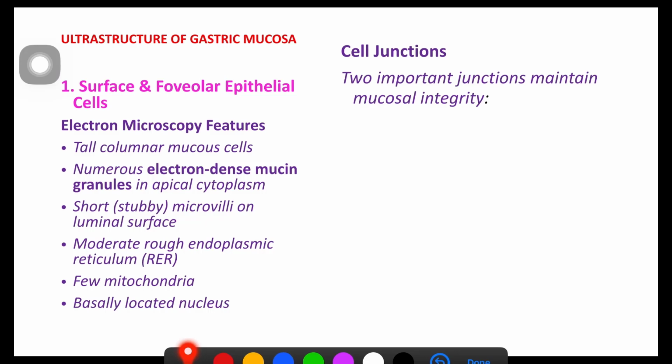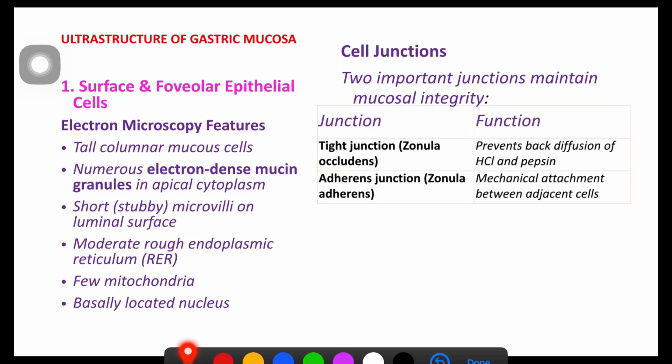Now, if we see the ultrastructure of gastric mucosa, the surface and foveolar epithelial cells contain numerous electron dense mucin granules and short microvilli, moderate rough endoplasmic reticulum, and few mitochondria. There are two types of cell junction in between.